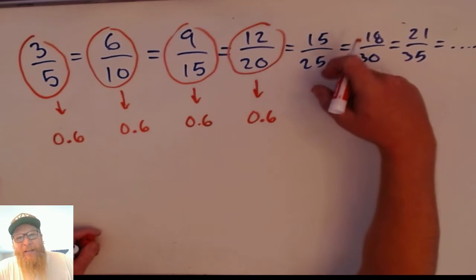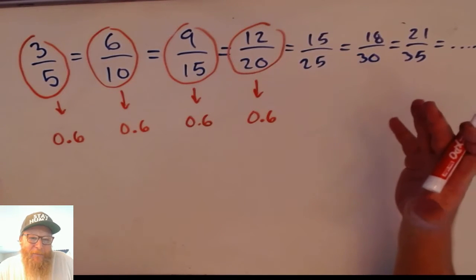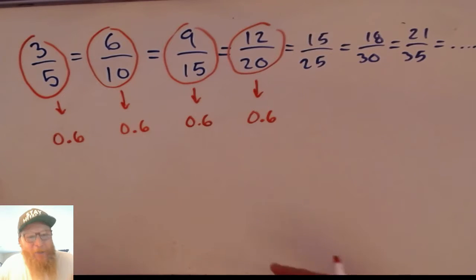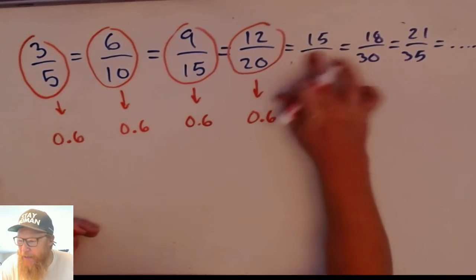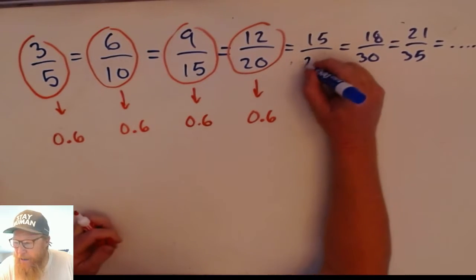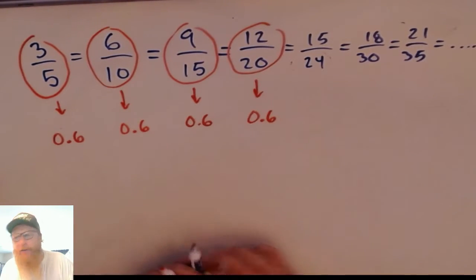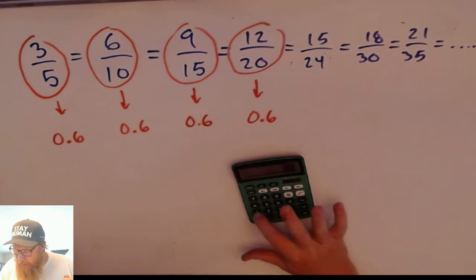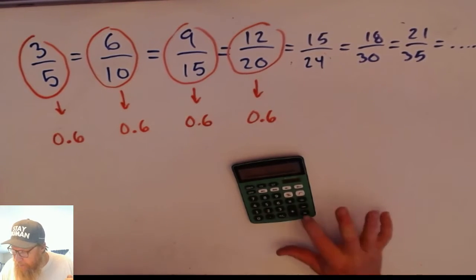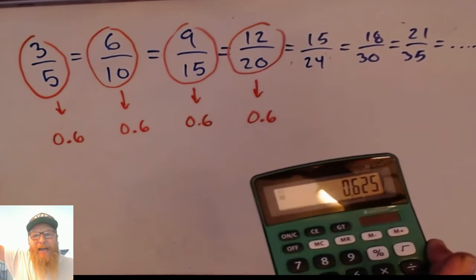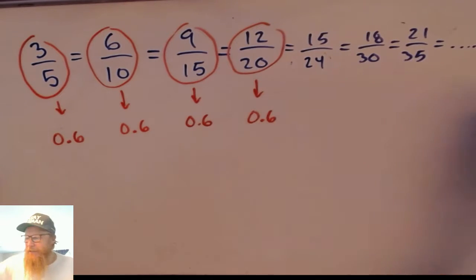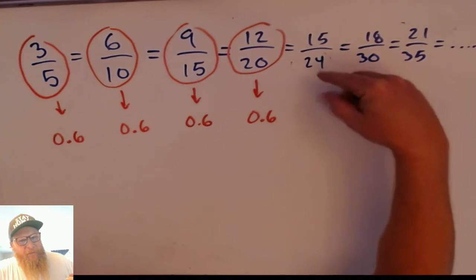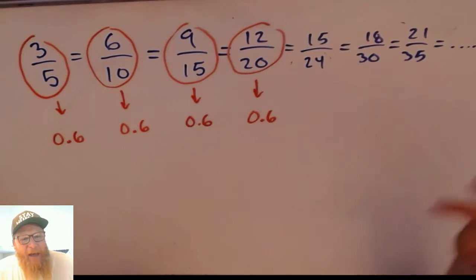And so if one of these is a mistake, like a disproportional ratio, then it would not come out to be 6/10. So suppose you made a mistake, suppose one of them was 24 or something, you just wrote it down incorrectly. To spot that this is disproportional, you would just divide it, 15 divided by 24, and this time it's not exactly 0.6. So that means this ratio fell out of proportion.